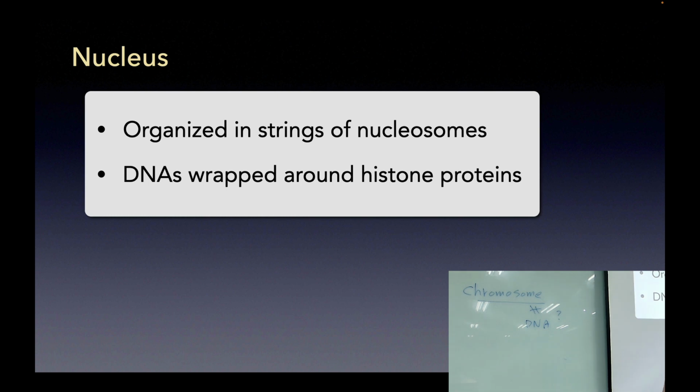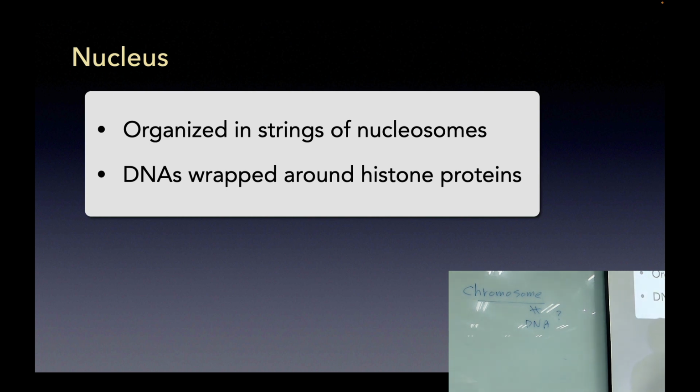Can anyone guess the chemical property of these histone proteins? What kind of amino acids does a histone protein have very abundantly, in terms of chemical property? I will give you three choices.